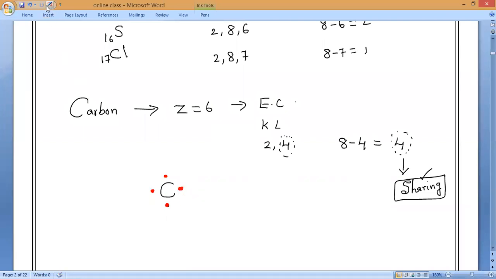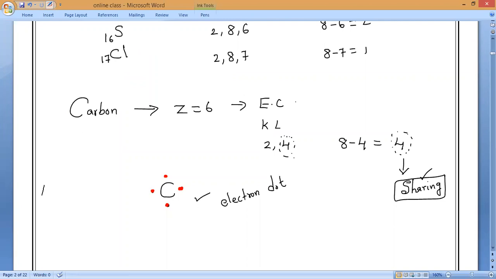And this structure we say is the electron dot structure. We also call it the Lewis dot structure, or electron dot symbols.